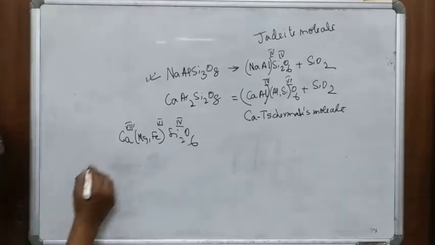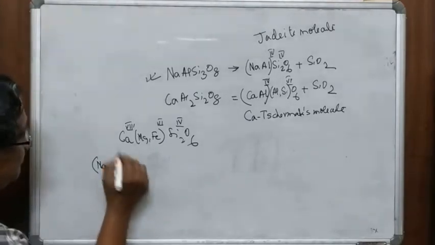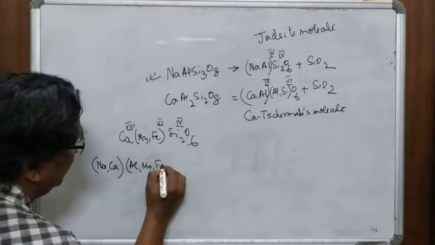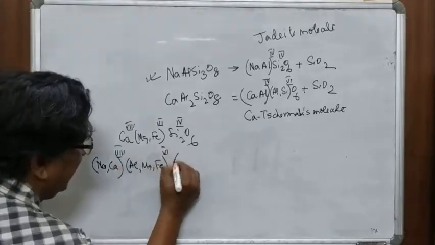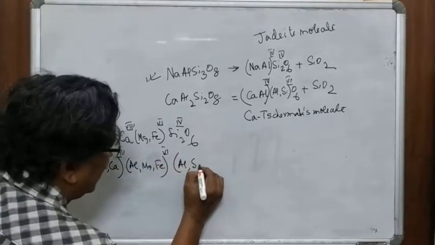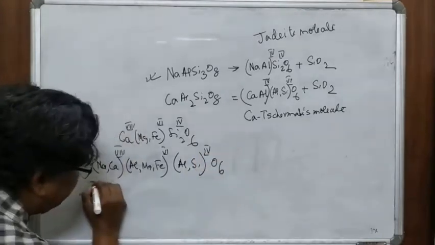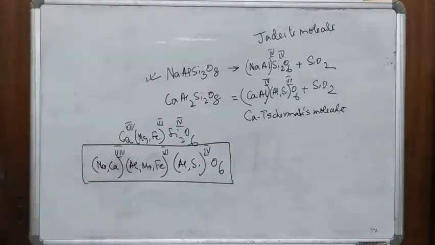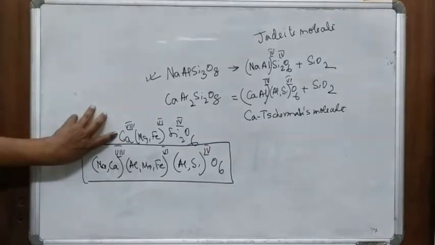Now what you get is NaCa AlMgFe AlSiO6. This is the clinopyroxene that you get. What was the low pressure clinopyroxene? This was the low pressure clinopyroxene.